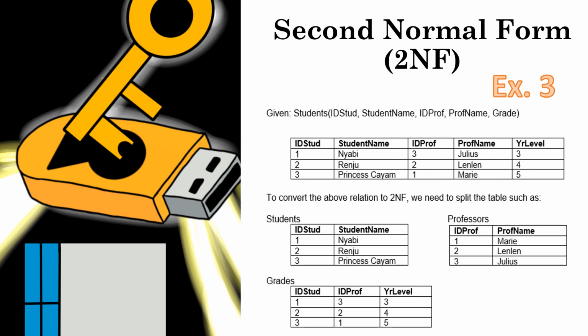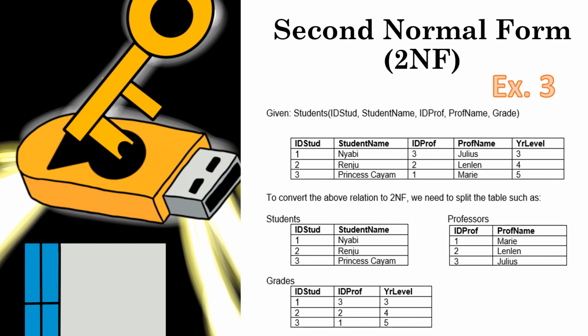Sample number 3, we have the given table such as students with the ID stud, the student name, the ID prof, the prof name, and the grade. So to convert the given table, or the student table, to second normal form, we need to split the table into students, wherein it has the ID stud and the student name, professors, such as ID prof and the prof name, and grades, which has the ID stud, the ID prof, and the year level.